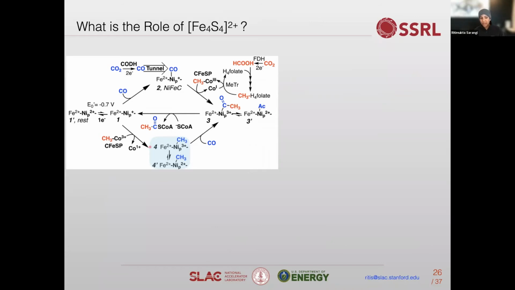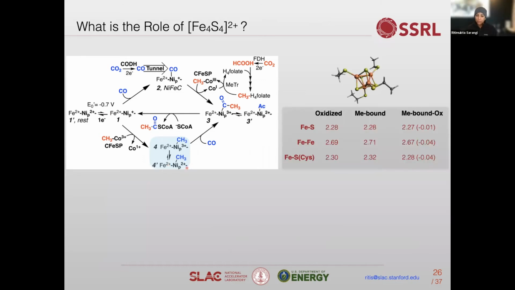So what we are saying is that we do this reaction, it immediately goes to this reduced intermediate. But when you calculate this oxidized intermediate, we see some reasonable changes. So we went from the resting to methyl bound, and we take the methyl bound and oxidize it, we suddenly see a lot of changes in the structure and the electron density.